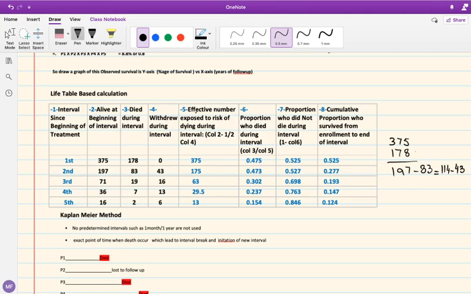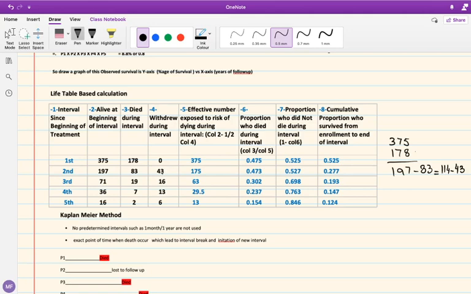Now we are interested to know the effective number exposed to the risk of dying during that interval. In order to do that, what we are doing is basically column 2 minus half of column 4, because we assume that half of them may have actually died during that period and the other half may have remained alive.